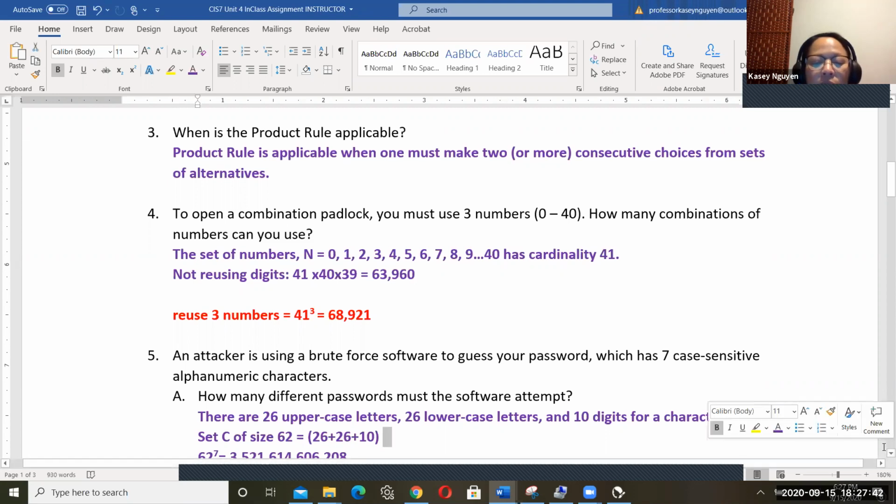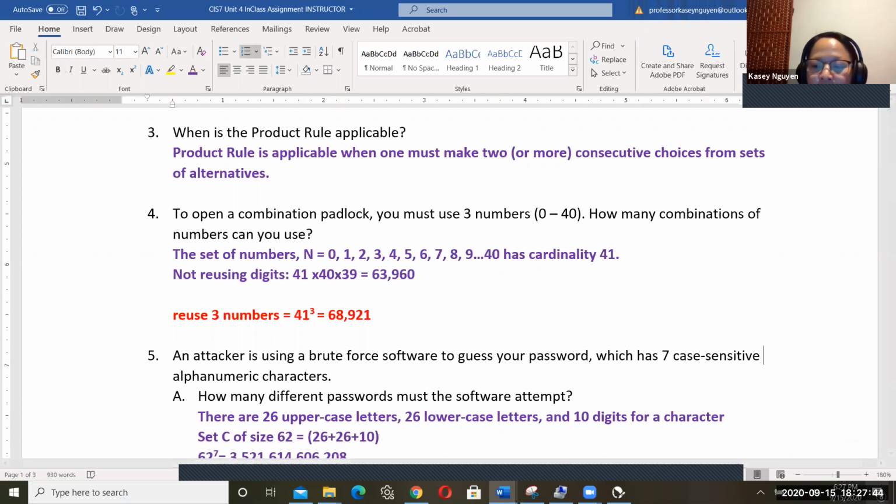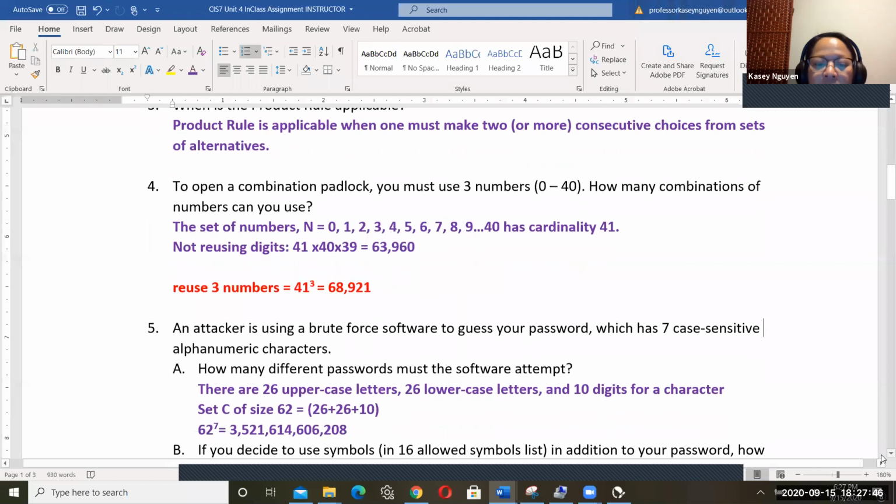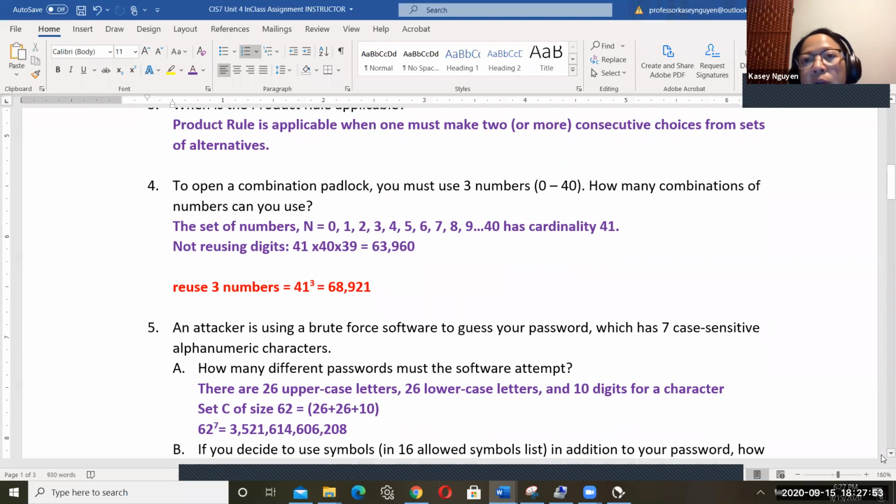So we know that there are 26 uppercase letters, and then there are 26 lowercase letters, counting from A through Z, and then there are 10 digits, 0 through 9. So your cardinality or set size is 62.